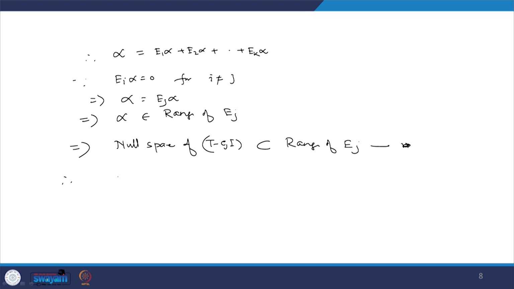So, from these two results I can say that the null space of T minus CjI is exactly equal to the range space of Ej.